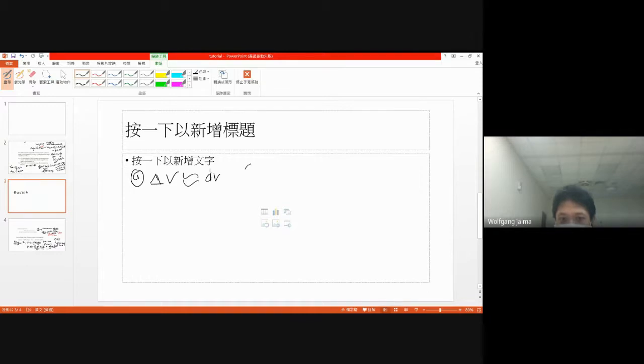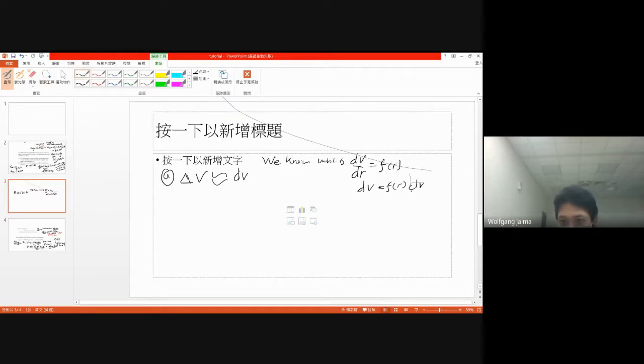Because we know what dV/dr is, some function of r, we know dV is this thing times dr. That's good that we are being lazy, and we can be lazy because of calculus.